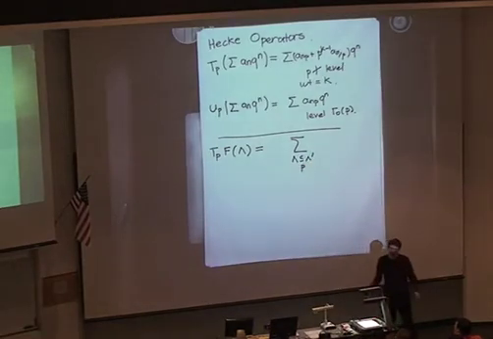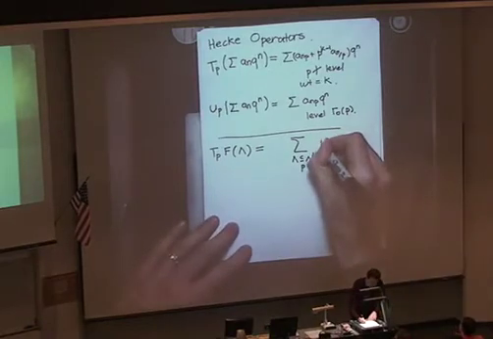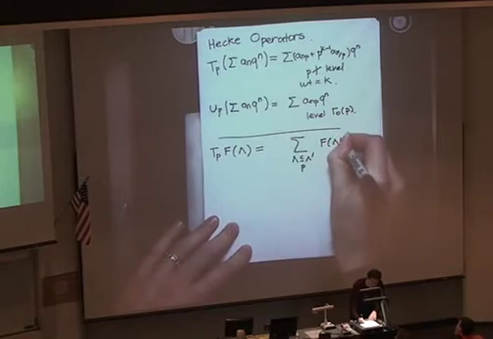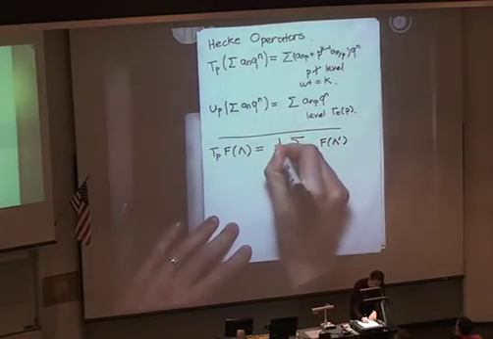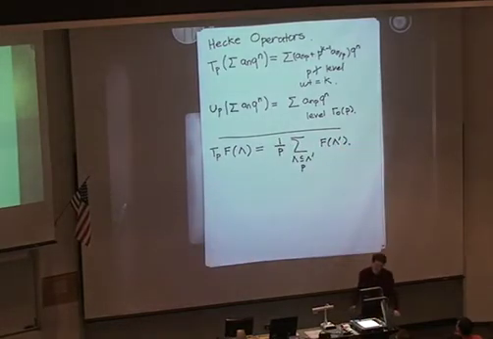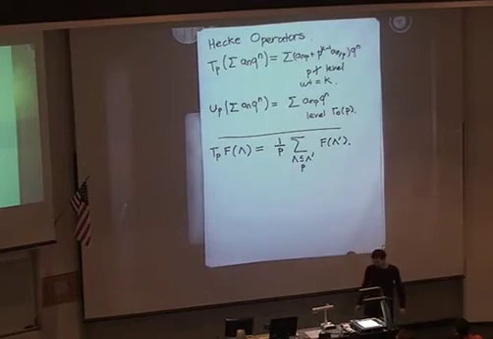There will be p plus 1 of these lattices. And you simply take the sum of the function over these lattices. And then, for various normalization reasons, you divide by p. So that's the definition of T_p in classical modular forms on lattices.